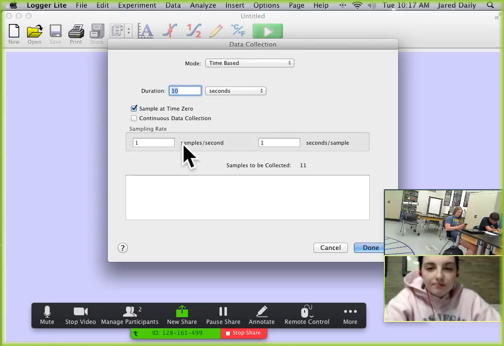You can also change the samples that you take per second. So if your graphs are looking really jittery, not very smooth, then you can increase this. Different devices have different maximum sample rates. I think the motion detector I sent you will do up to 20 a second, or maybe more.